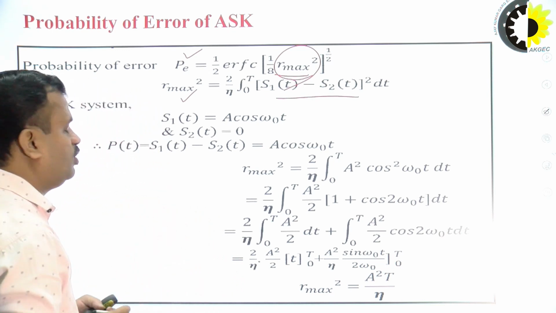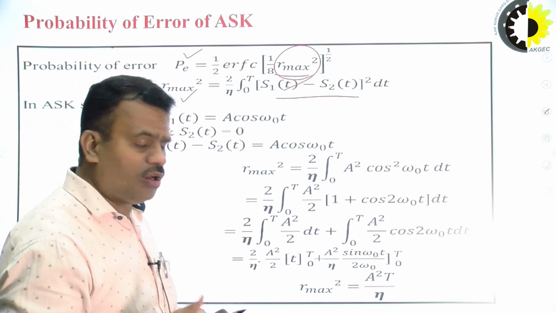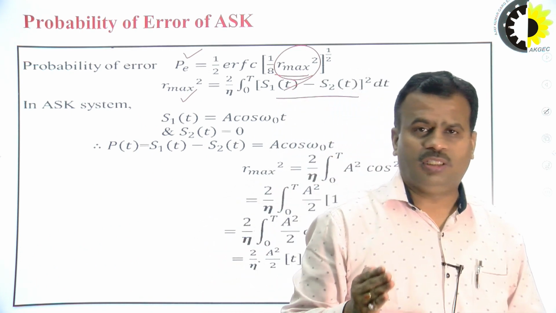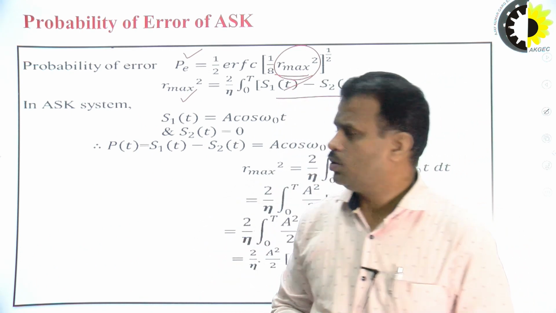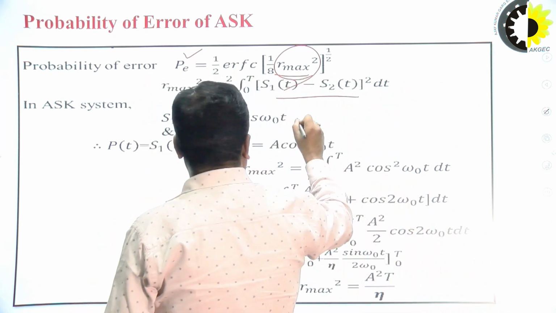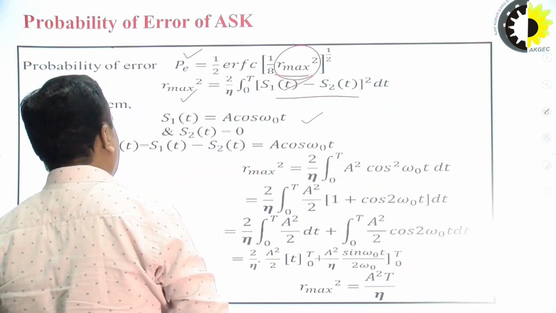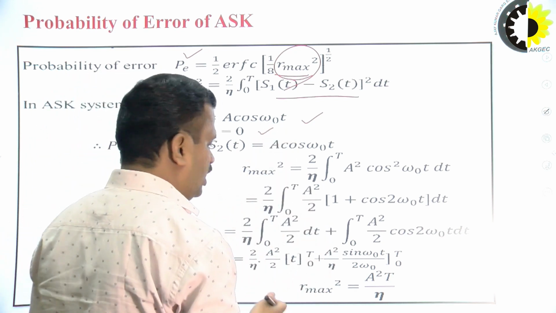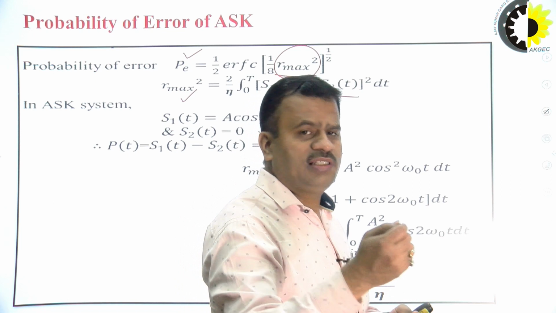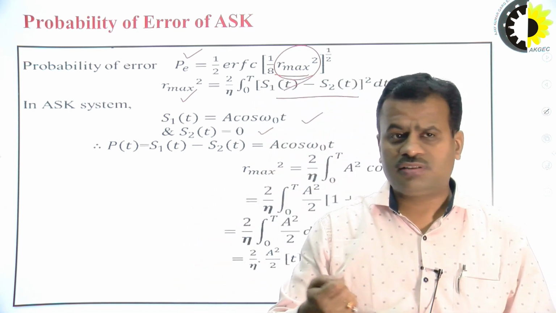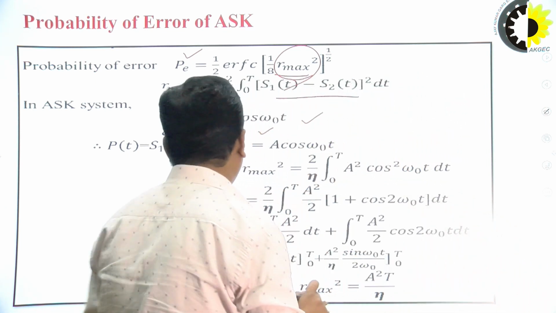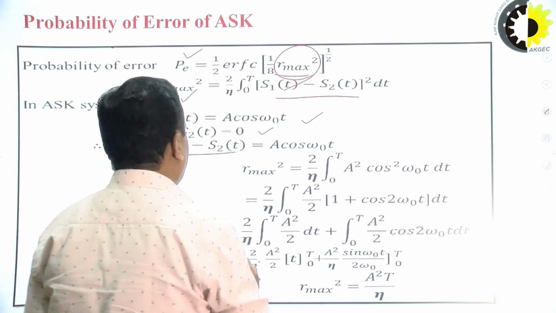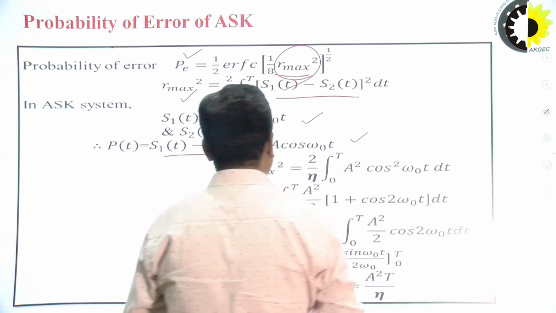In ASK we know this is on-off signaling, so bit 1 or bit 0. If I take s1(t) equal to A cos omega 0 t, then s2(t) is equal to 0. So for binary 1 you get the whole signal, and for binary 0 your signal is 0. So p(t) is equal to s1(t) minus s2(t), which will be A cos omega 0 t.